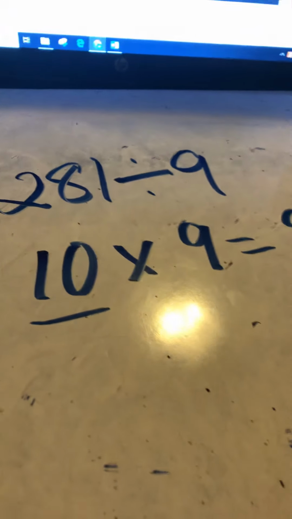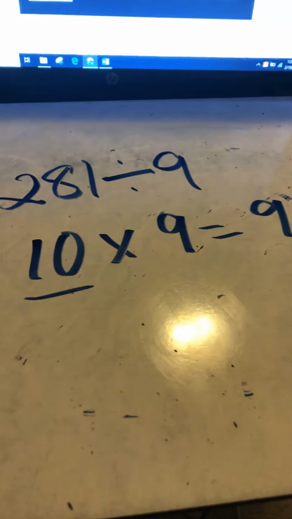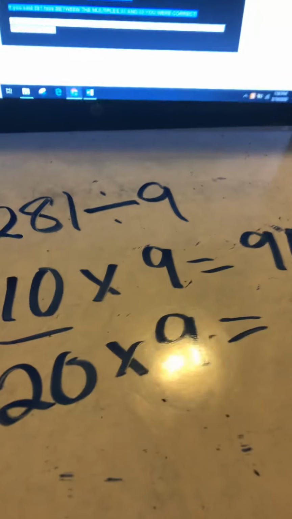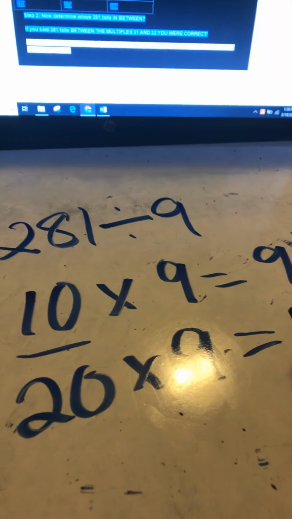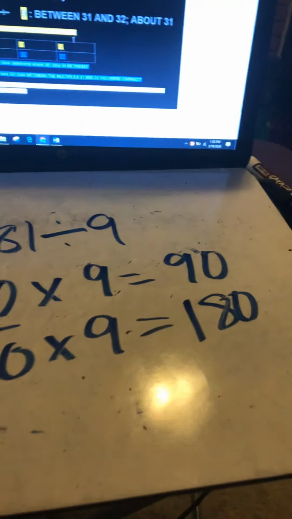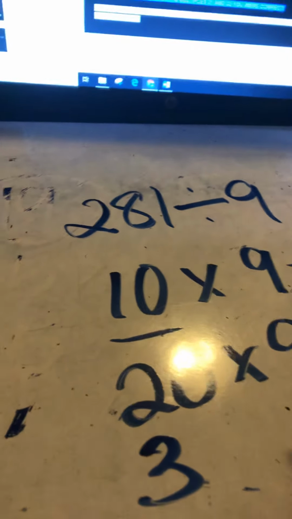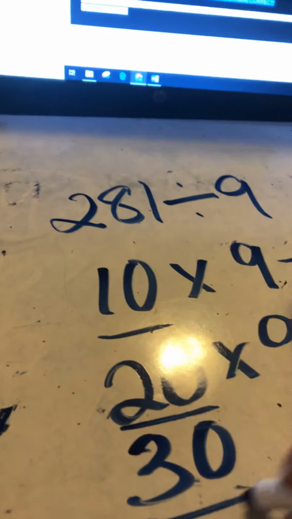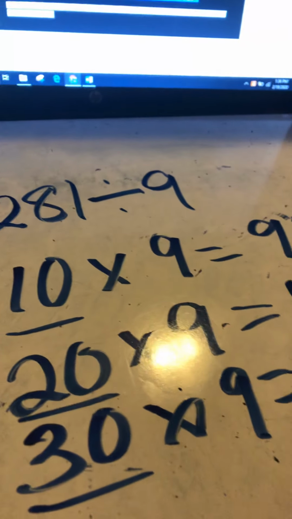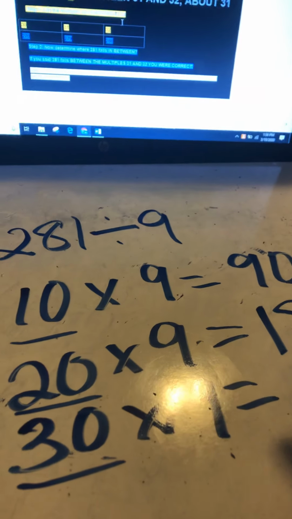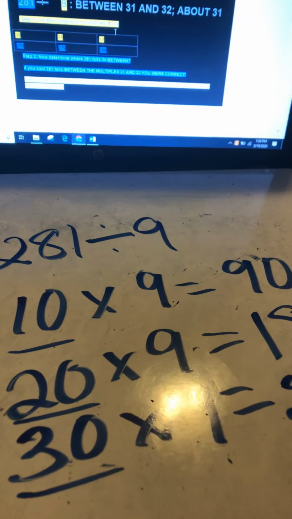That's not anywhere close to 281. Next I'm going to try 20 times 9, and if you know what that is, you got 180. Then we try one more because that's close, but it's not close enough. Let's try 30 times 9, and if you got 270, you were right.